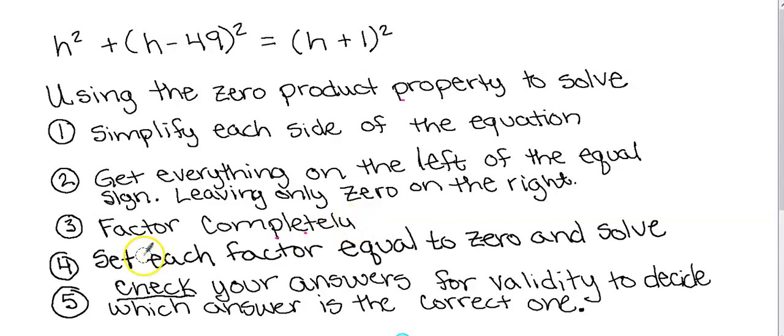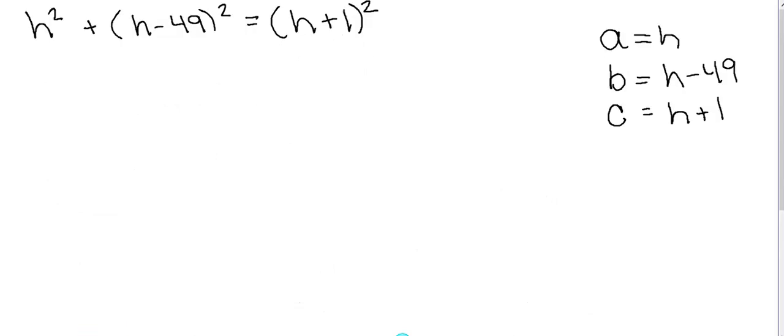Once you have factors, you can take each factor and set them equal to 0. Solve them. Once you have some answers, you check those answers to see which one is valid for the question we have. So let's get started. Here's our equation.